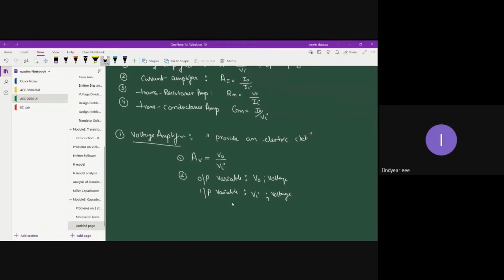So that means on the output side we need to derive a voltage, and on the input side there exists an input voltage. So the equivalent circuit we are going to choose for a voltage amplifier is the Thevenin's equivalent circuit, because whenever you have the signal as the voltage, you can go for Thevenin's equivalent circuit.